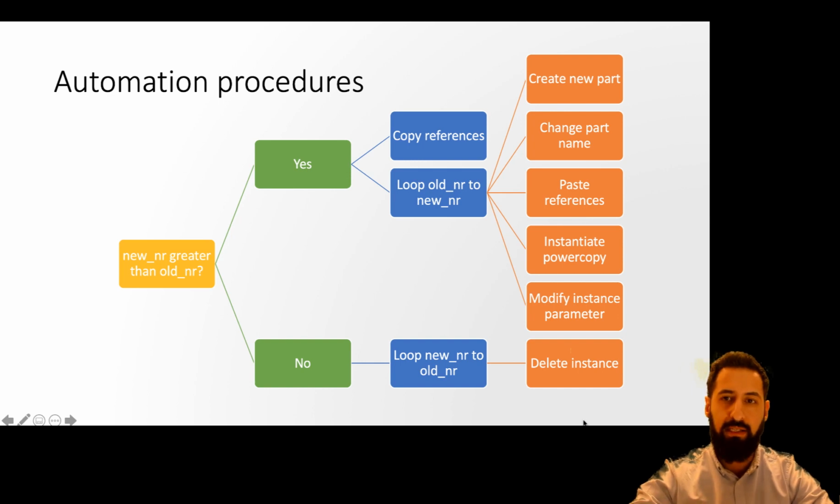And this is basically the logic that you need to apply for any number of objects that you want to instantiate, whether it is ribs or windows or stanchions or whatever. If the old number of instances is greater, then it goes into a loop where it starts to delete instances instead.